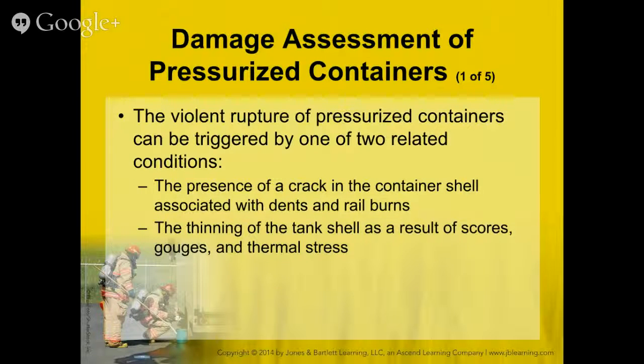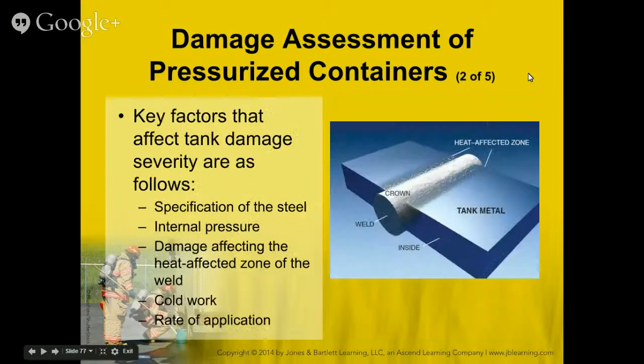So the damage assessment of pressurized containers includes looking at where the container is cracked. We're going to look at dense rail burns. Let's say that a rail car or the tanker derails, and it starts getting burns and starts stressing out the tank shell. This is very common in a crash.